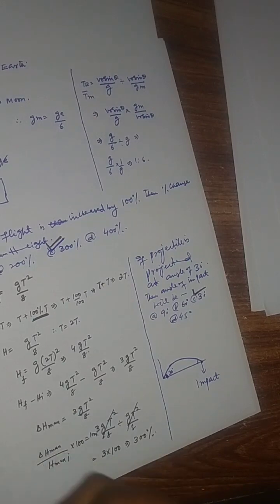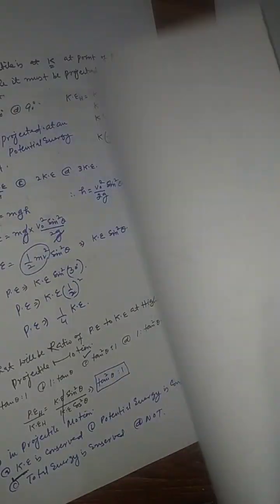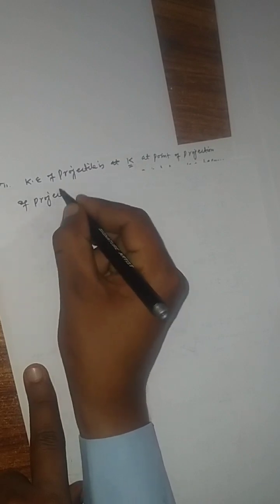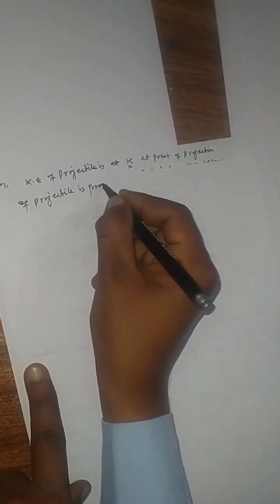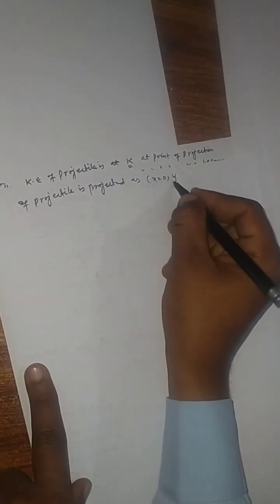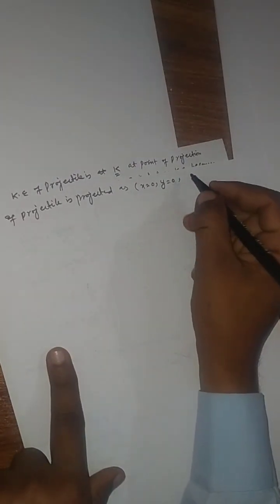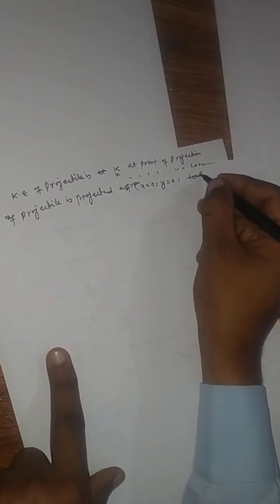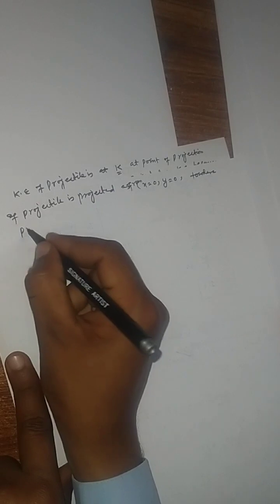अच्छा, इसके बाद अगर हम लें कि horizontal range of projectile is taken, let's say if projectile is projected as x is equal to 0, y equals to 0, projected from to where projectile returns.